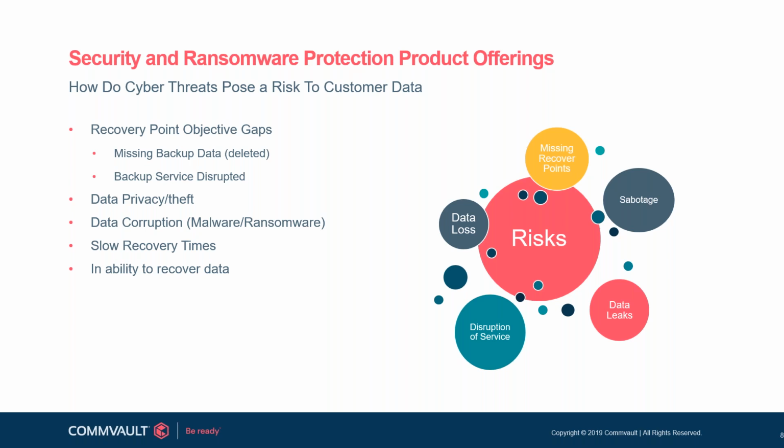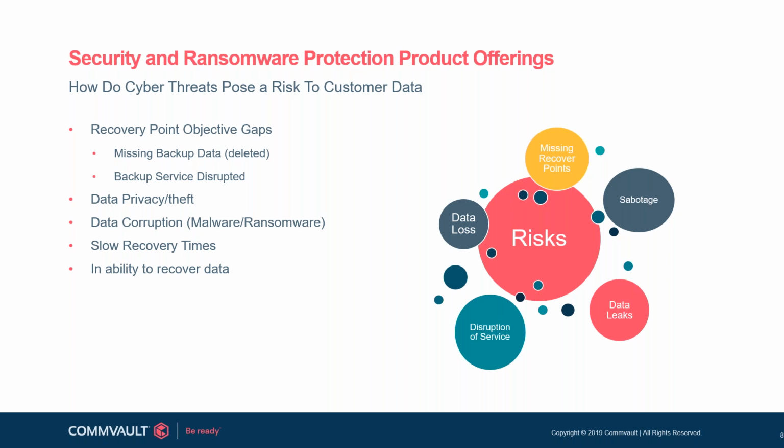So when we think about those internal and external threats, what do they result in if we're unfortunate enough to be hit by one of them? In a lot of cases, if we get hit by ransomware or malware or some sort of denial of service, we're probably going to end up with missing backup data, where the backup data is deleted, or disruption of service.